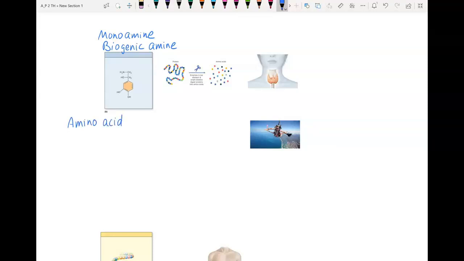And if you look at the monoamine name, mono means one. So this is one amino acid. So biogenic amines are a modified amino acid. So you get these hormones because you eat protein. And whenever you eat protein, you digest it into amino acids.